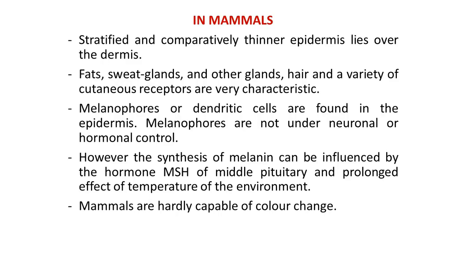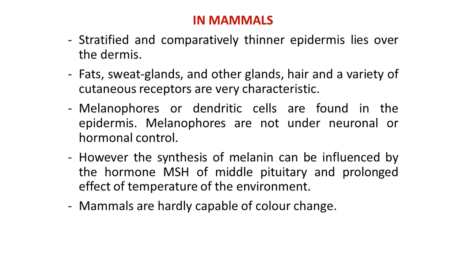In mammals, the integument is stratified, and a comparatively thinner epidermis lies over the dermis. The fats, sweat glands and other glands, hair, and a variety of cutaneous receptors are very characteristic. Melanophores or dendritic cells are found in the epidermis.